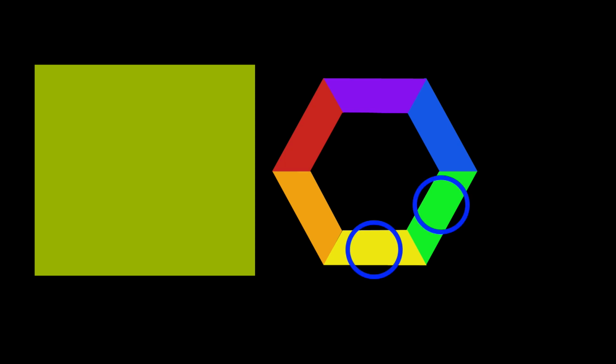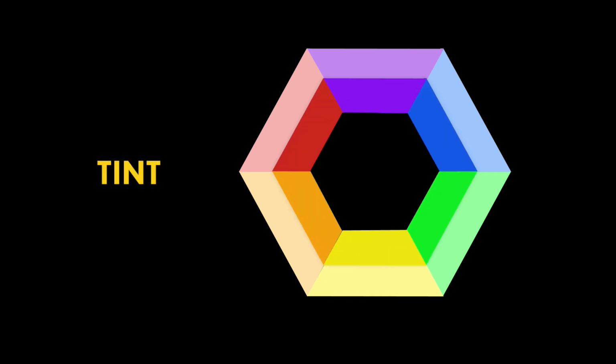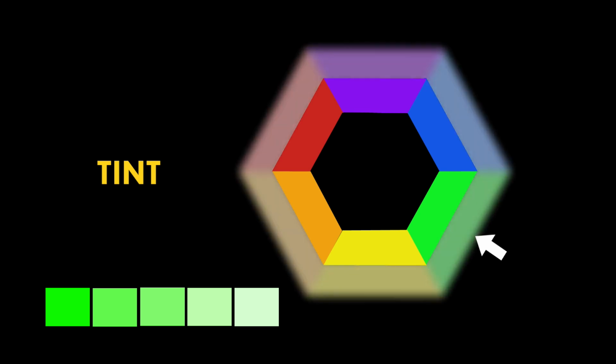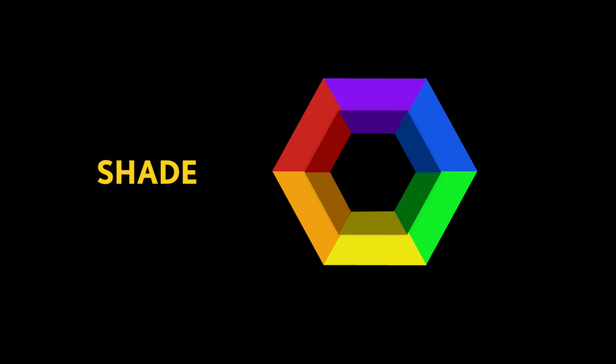You may have heard the term tint, along with the term shade. A tint is the presence of a hue, in this example a green hue, with only white added to it. The more tint or white you add to the hue green, the lighter it becomes. And shade is just the opposite, with the addition of just black to a single hue.